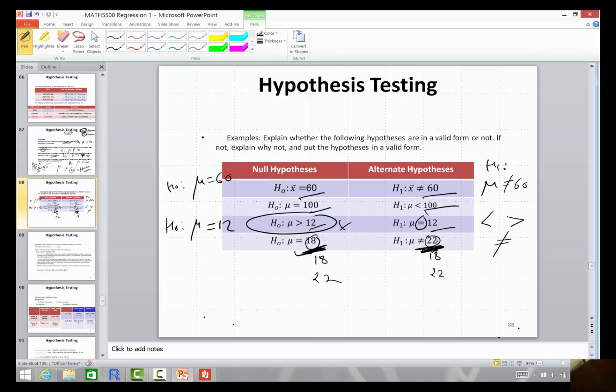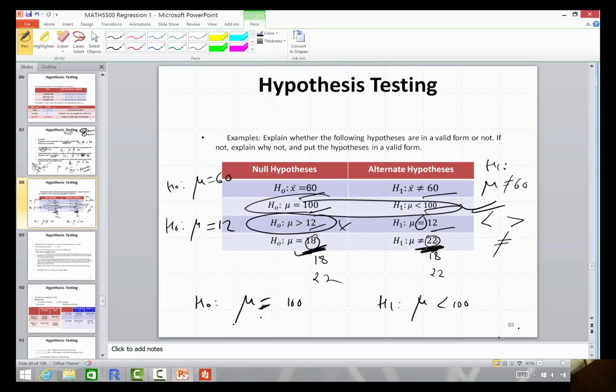So let me write down one example. H0: mu is equal to 100. H1: mu is less than 100. This is correct. Sometimes people write it in this form with the equal to sign.